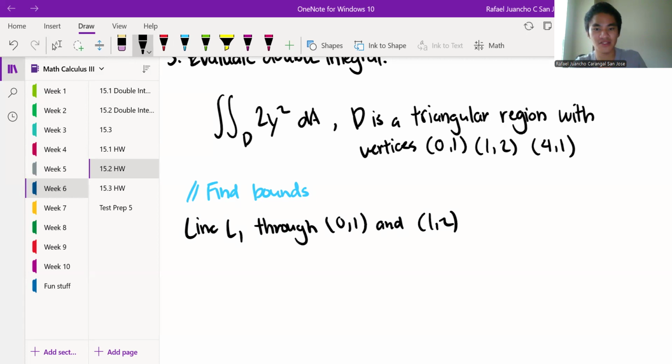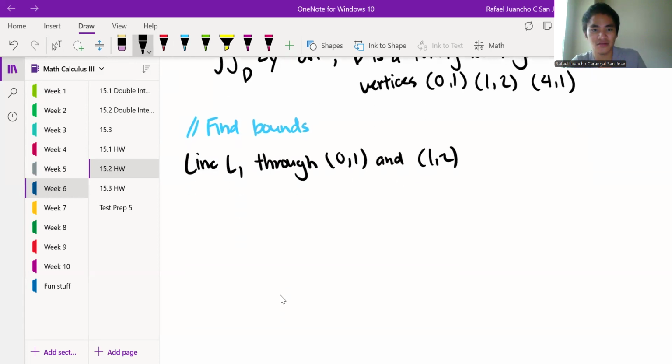This gives us an equation: y equals some slope, (2 minus 1) over (1 minus 0), times x plus 1.